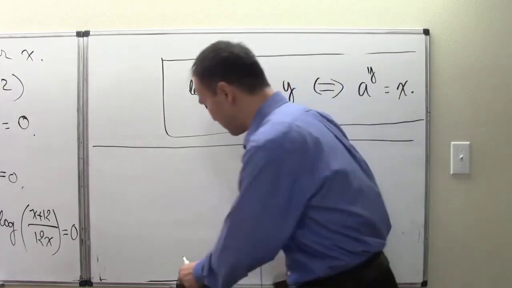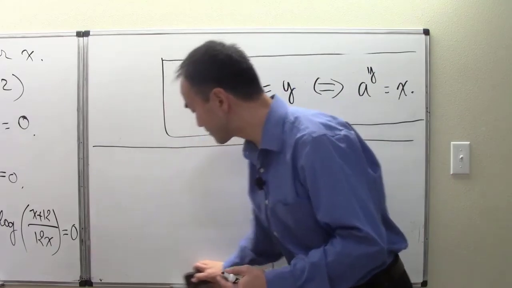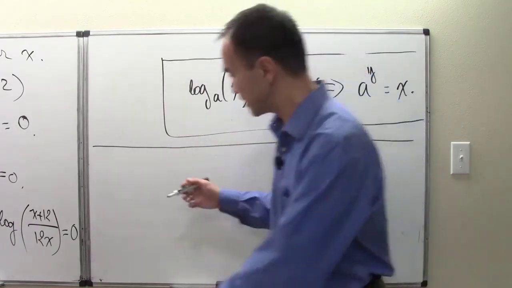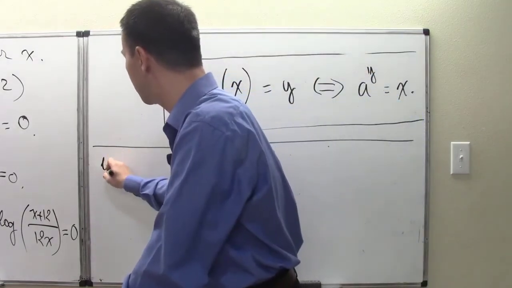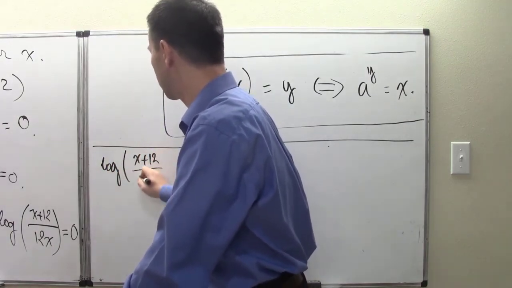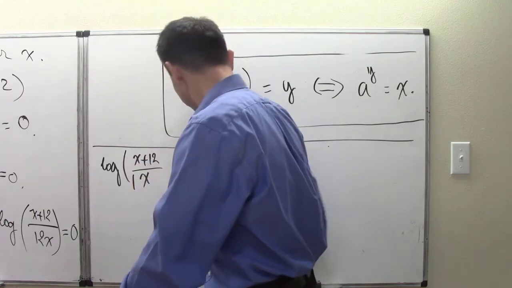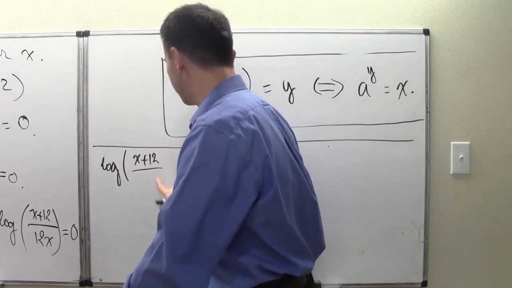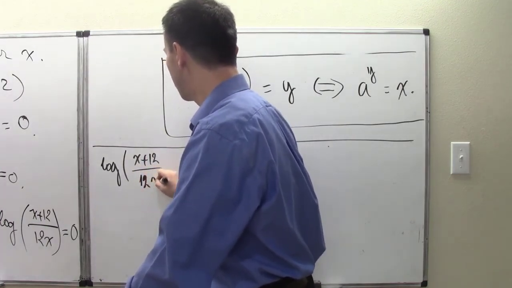From my most recent step, I had log base 10 of x plus 12 over 12x equals 0.